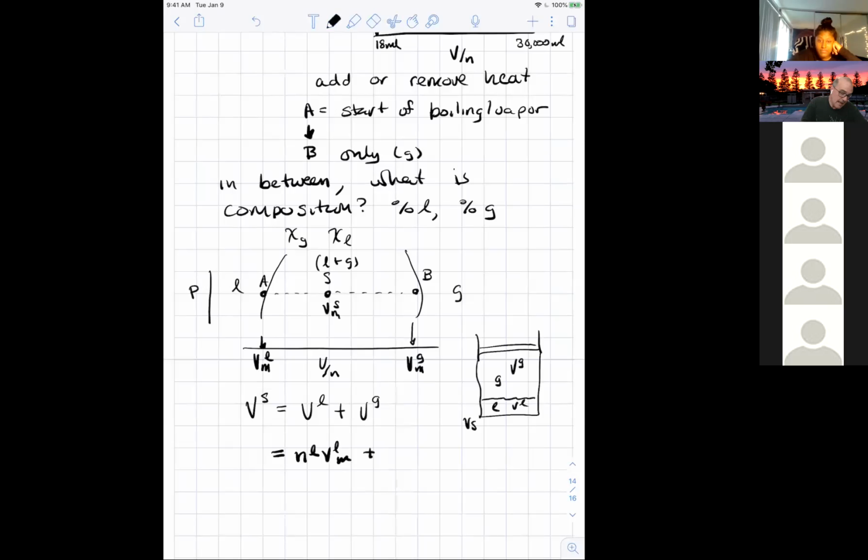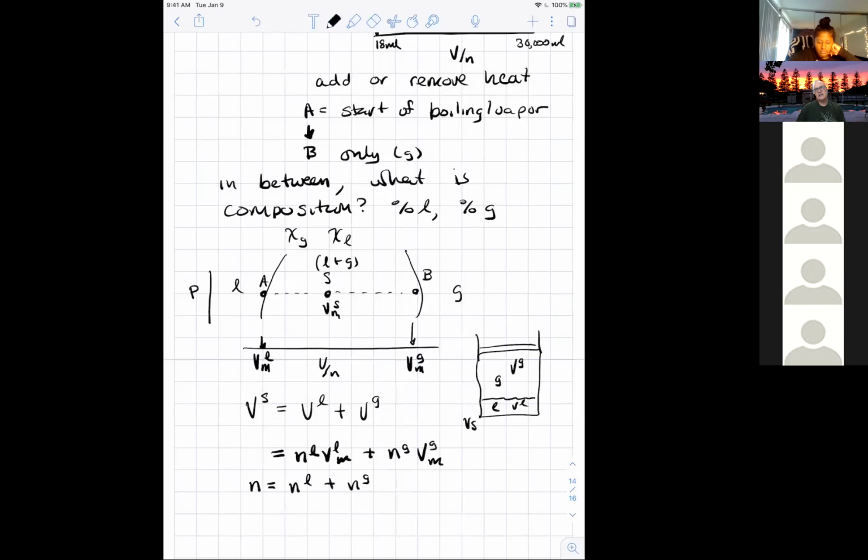And the volume of the gas is going to be the number of moles of gas times the molar volume of the gas. And I know what you're thinking. You're thinking, I don't know what these moles are. That's what I'm looking for. But I'm going to introduce these as variables so I can solve for them. Okay. Well, we also know that the number of moles is NL plus NG.